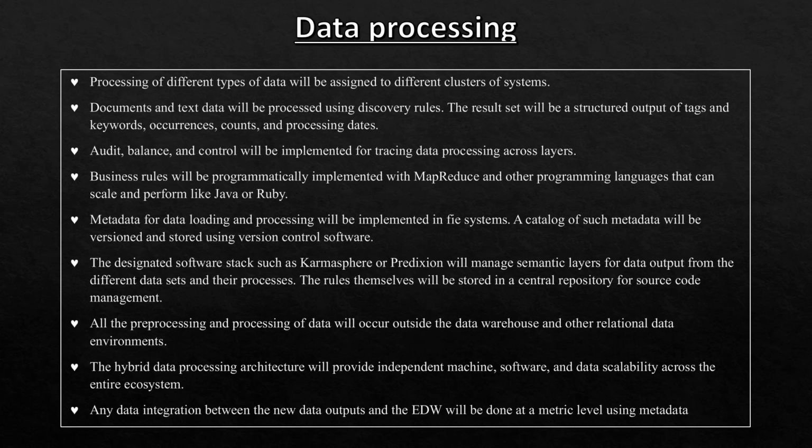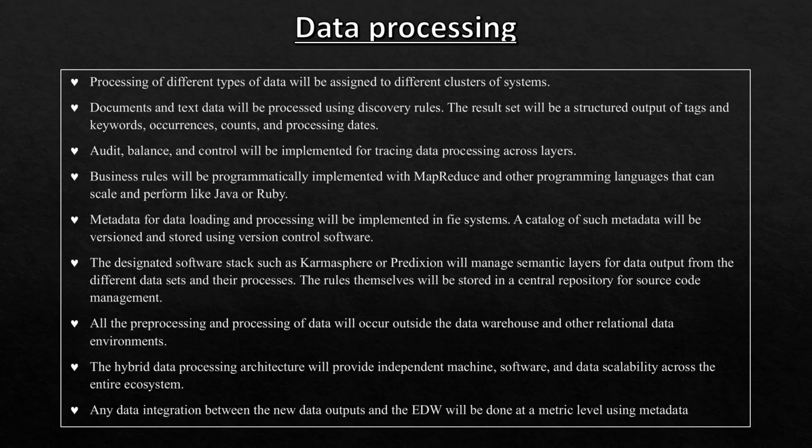The result set will be a structured output of text and keywords, occurrences, counts, and processing dates. Then audit, balance, and control will be implemented for tracing data processing across layers. Business rules will be programmatically implemented with MapReduce and other programming languages that can scale and perform, like Java or Ruby.